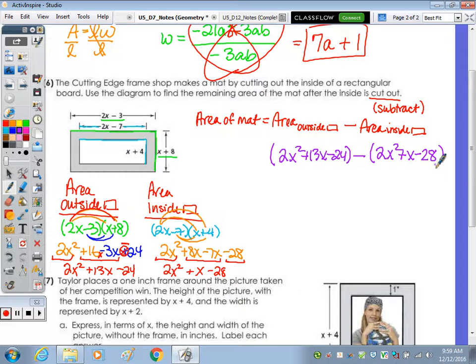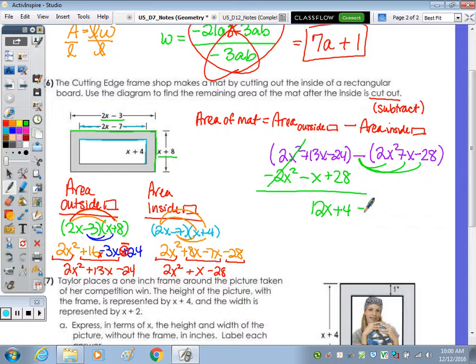So as I distribute, I'm going to stack. So this becomes negative 2x squared, line it up with the x squared, minus x, and negative times negative becomes positive. Adding straight down, those are going to cancel out. 13x minus x is 12x, and then negative 24 plus 28 is a positive 4.